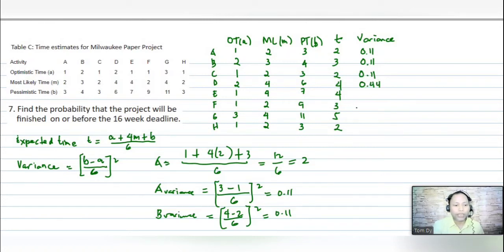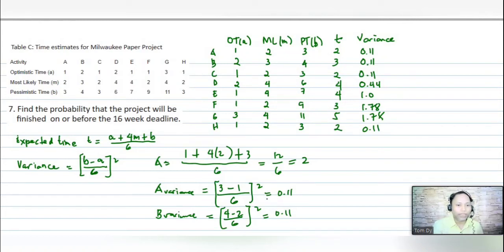And then for variance E, that is 1.0. You have 7 minus 1, 6 divided by 6, that is 1. 1 times 1, that is 1. Okay, so the next ones are 1.78 and then 0.11.